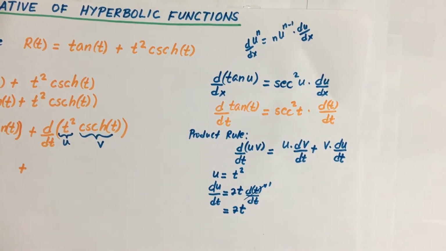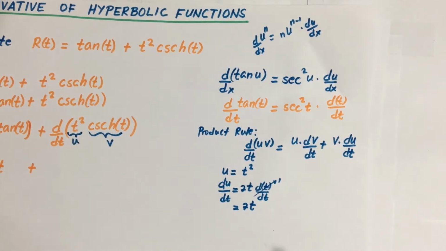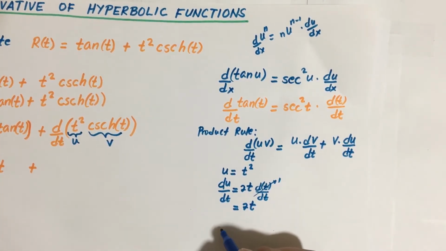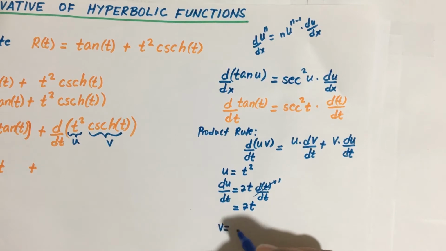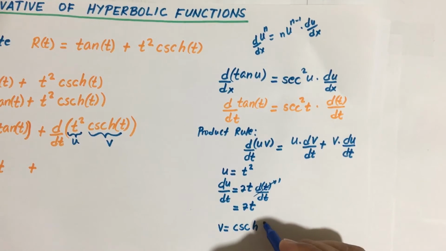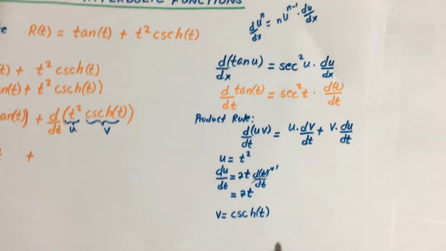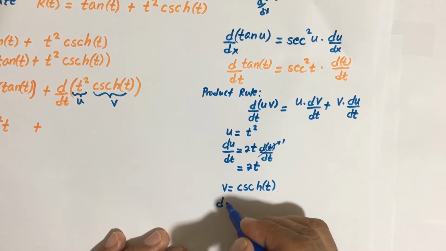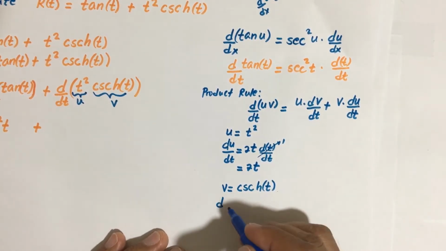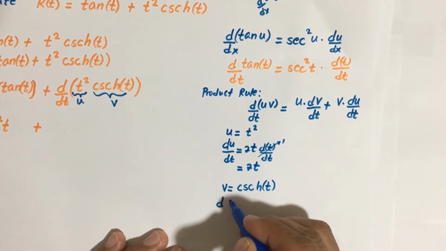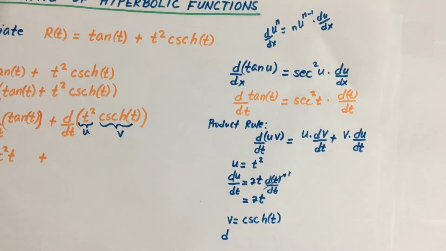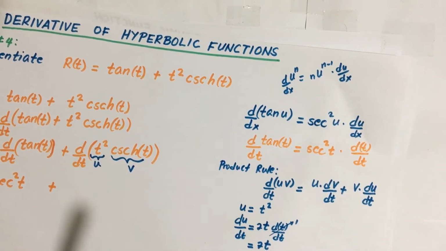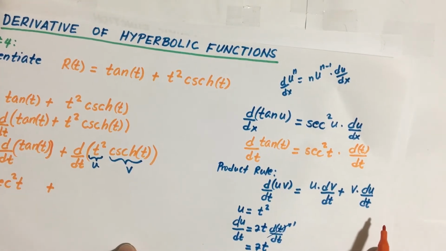Then next, we have to find our v. Our v is hyperbolic cosecant of t. So what is the derivative? What is the formula of the derivative of hyperbolic cosecant?